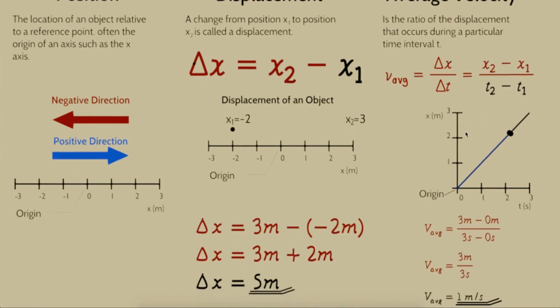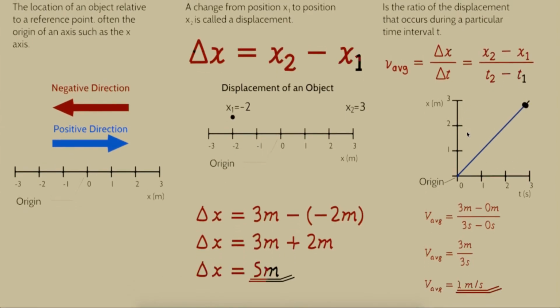And in this case, I have this graphical representation here, where the y-axis we are using for position, and the x-axis for time, right? So as you can see, t2 and x2 are 3 and 3, and x1 and t1 are 0 and 0.